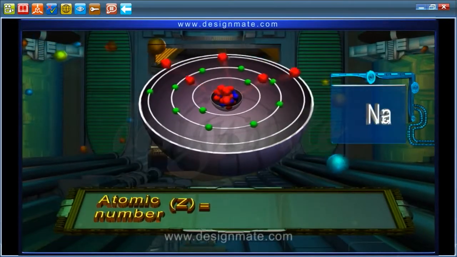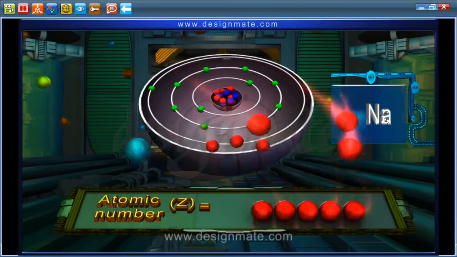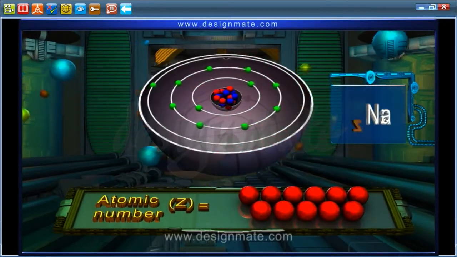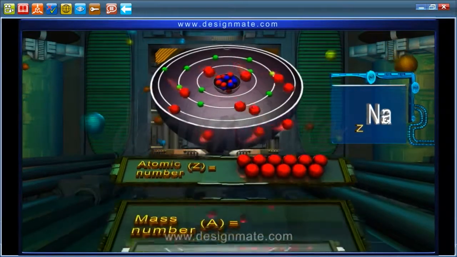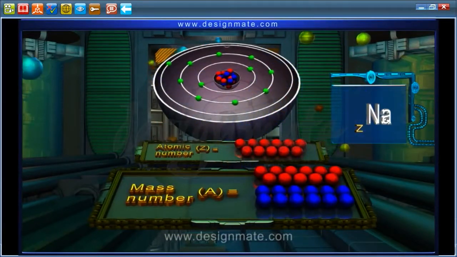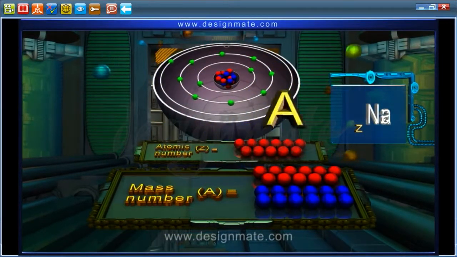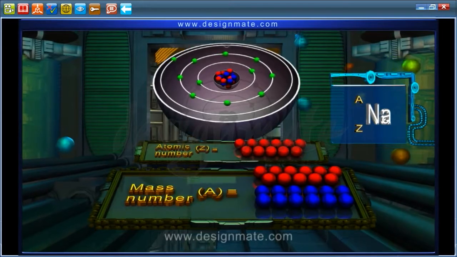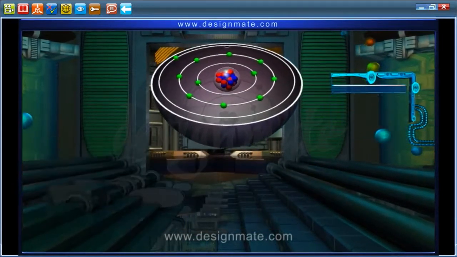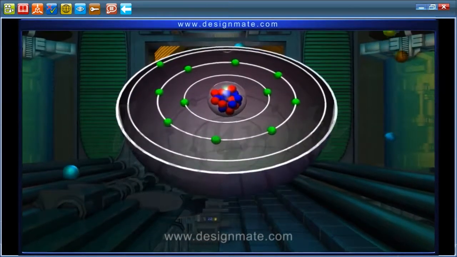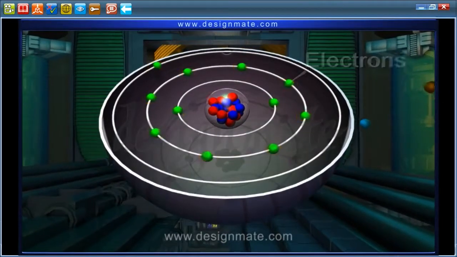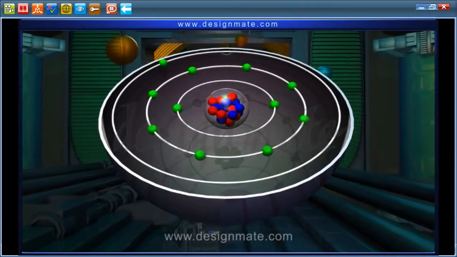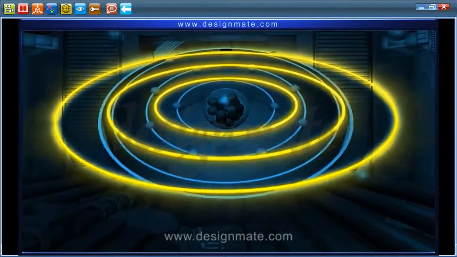The number of protons in an atom is called its atomic number and is represented by Z, while the sum of its protons and neutrons is called its atomic mass number, which is represented by A. Besides protons and neutrons, there are negatively charged particles called electrons, which revolve around the nucleus in various shells or orbits.